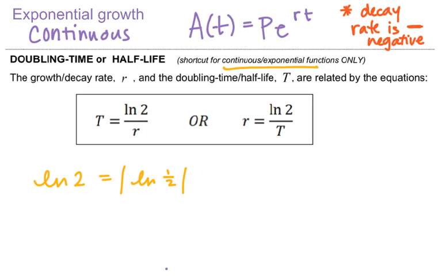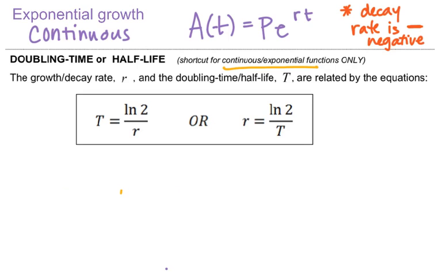So you're going to get the same number. It's just natural log of 2 will be positive 0.69, I think, approximately, and natural log of 1/2 is going to be negative 0.69. So we can use this shortcut for both half-life and doubling time, since we can throw that negative rate out.